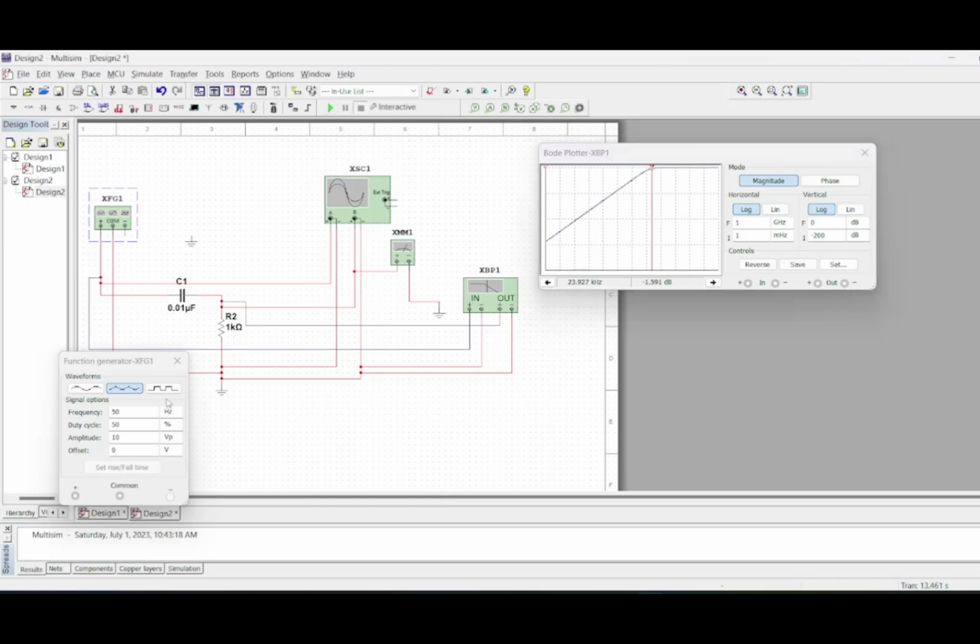And when I use the square wave, the cutoff frequency changes to 36.747 kilohertz.